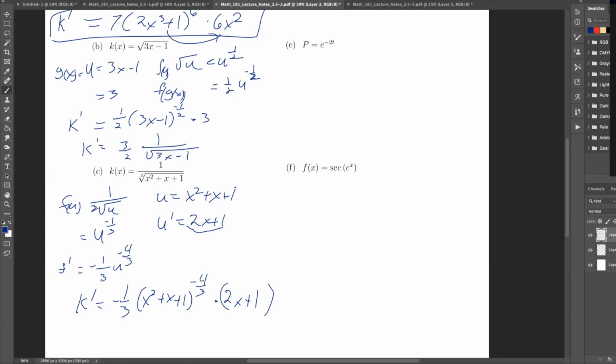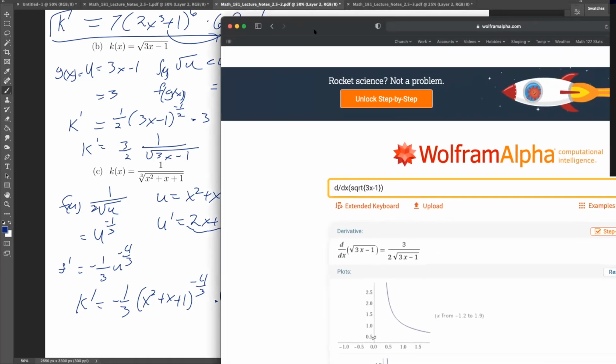Remember, to type in any derivative, you type in d dx, and then here we use sqrt to represent square root.